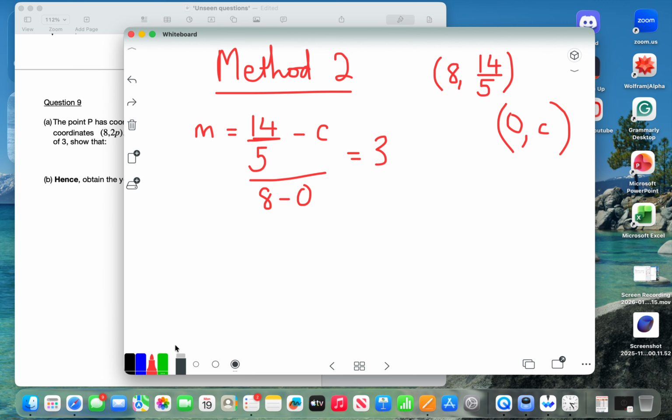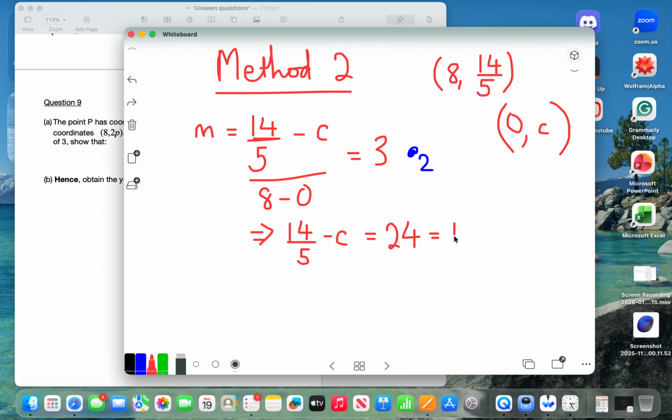Multiply, that's the second mark. Well, we then get 14 over 5 minus c. The denominator is 8, so multiplying by 8 cancels out the denominator, and we multiply by 8 on both sides.